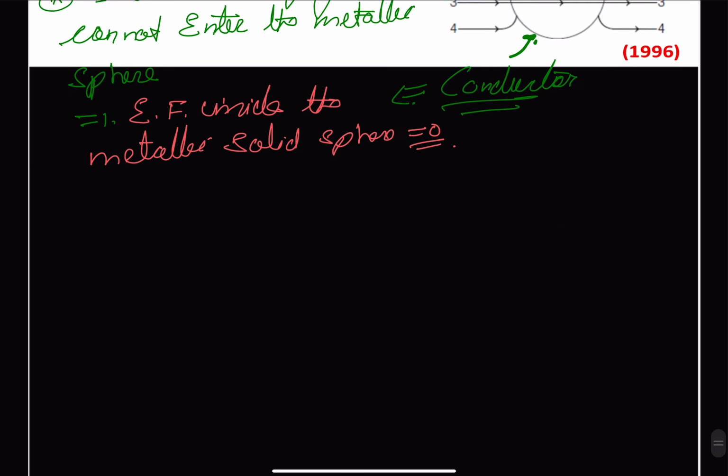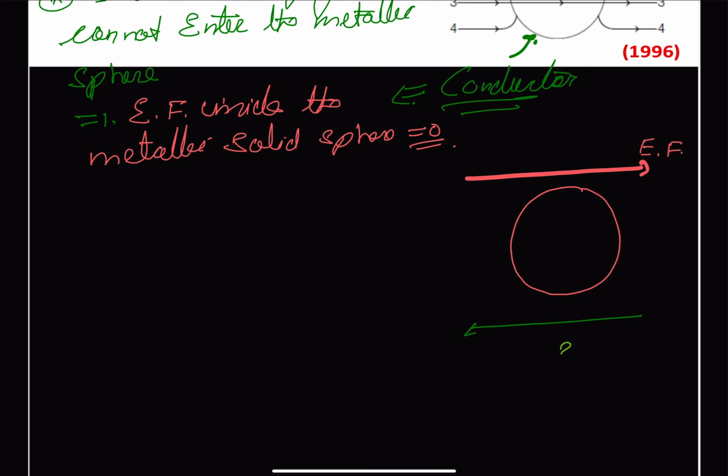So this is our conductor. Electric field is from left to right, but the movement of electrons will be from right to left.